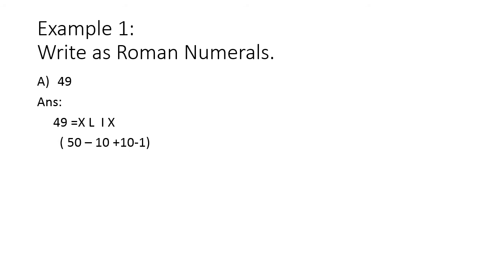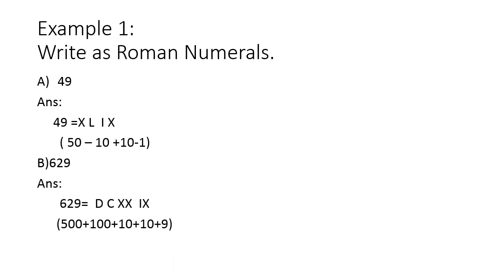So XL, that is L is 50. 50 minus 10 means you have to write X on the left side. So XL, then 9: for X, then the left side I. Okay. The next one, 629.